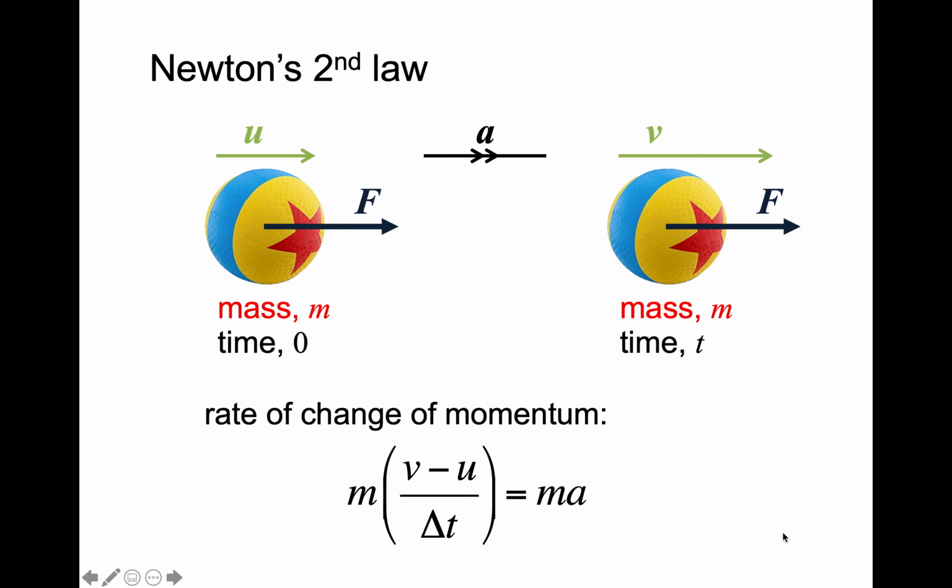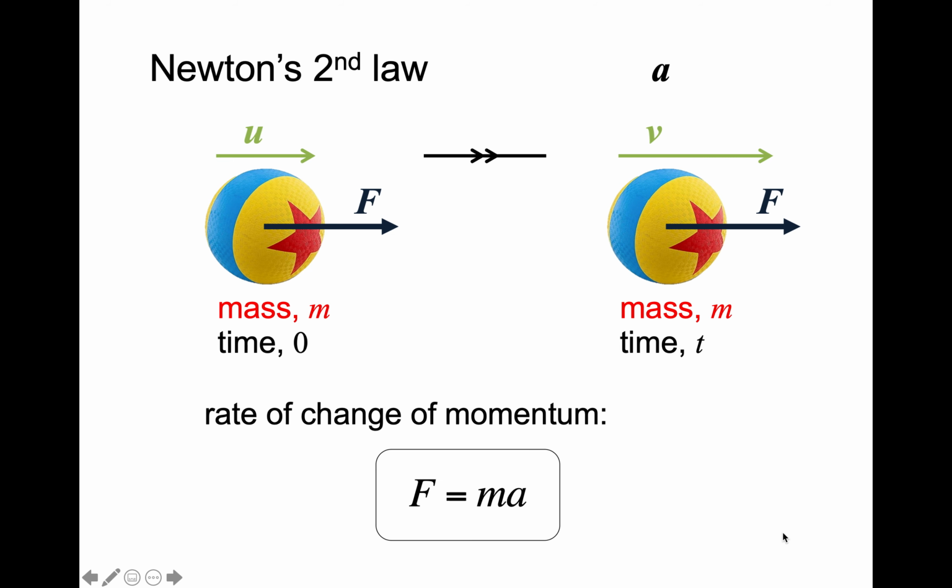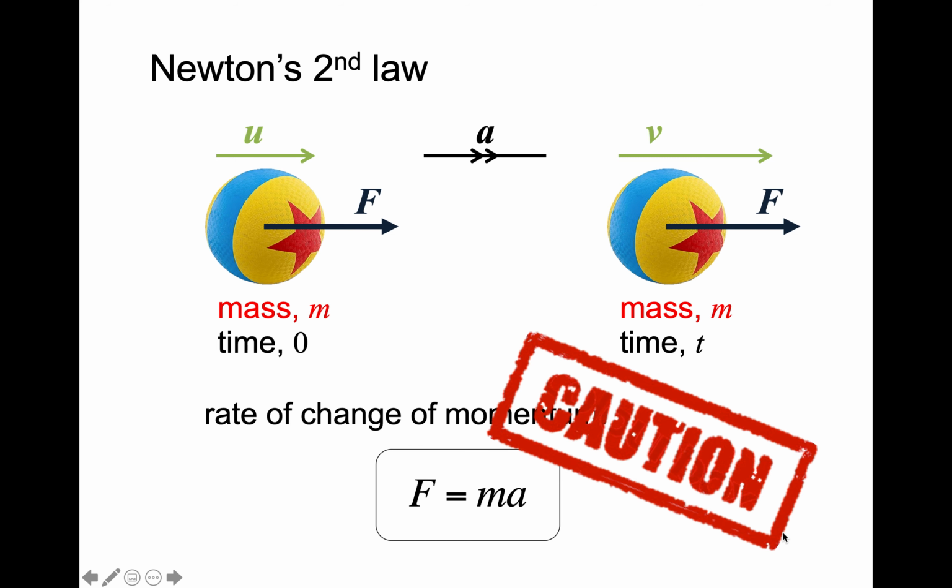So the rate of change of momentum, if we assume that the mass is constant, is just the same as saying ma, mass times acceleration. So we have F equals ma. F equals ma is pretty much definitely the more commonly encountered form of Newton's second law, but it is also more limited because it assumes that the mass is constant, and that's not true under all situations.